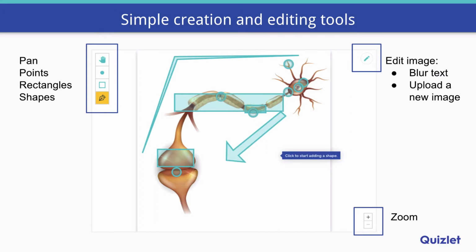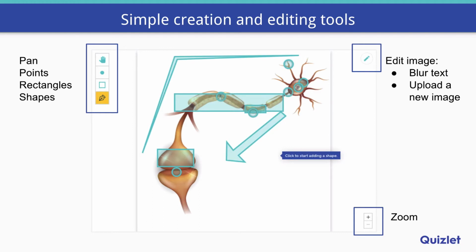So you can be really creative about how you use these to signify a certain area on your image. Another really cool thing that we added to make editing your images easier is a blur tool. So if you go into that icon on the right, which is highlighted in this picture, and if you have text on your image, maybe it's a traditional diagram of the brain, and every area is marked.